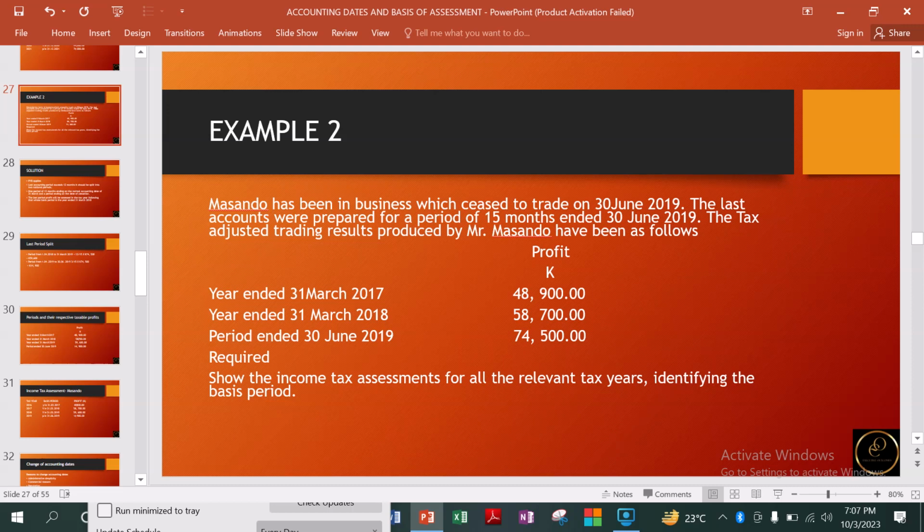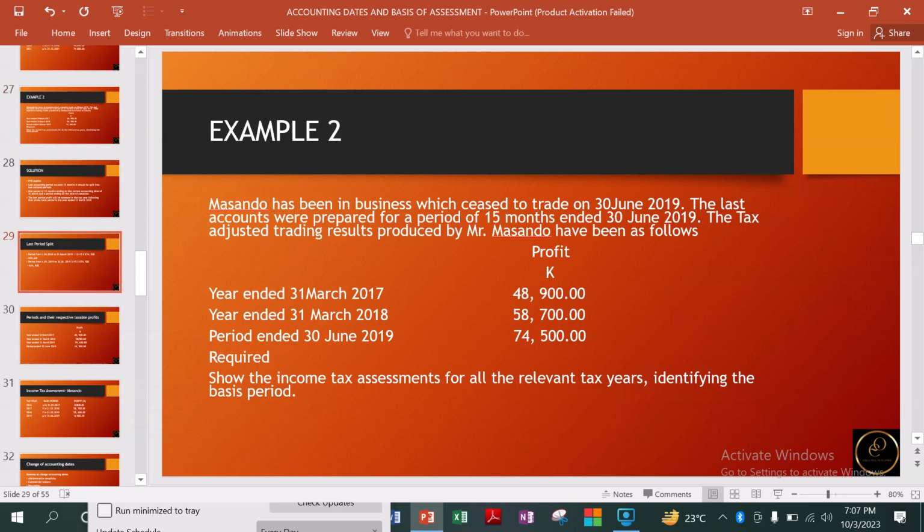The 58,700, this one will be assessed in 2017, since it's preceding year basis. Okay, the next one, which is again ending on 31st March 2019, it will be assessed in the tax year ending 2018, since the preceding year basis. Okay, so now that brings us to the other rule, which I talked about.